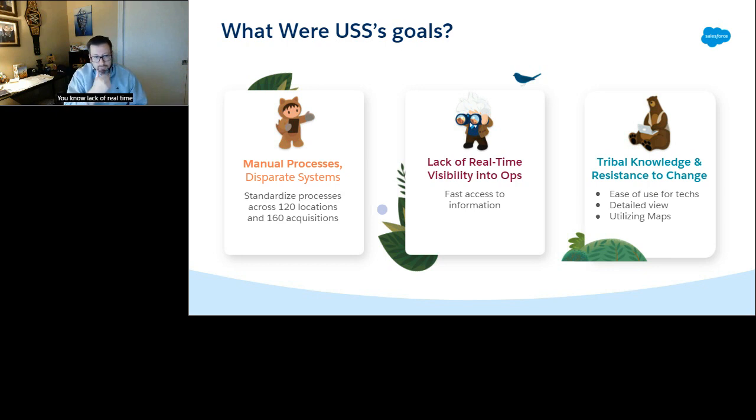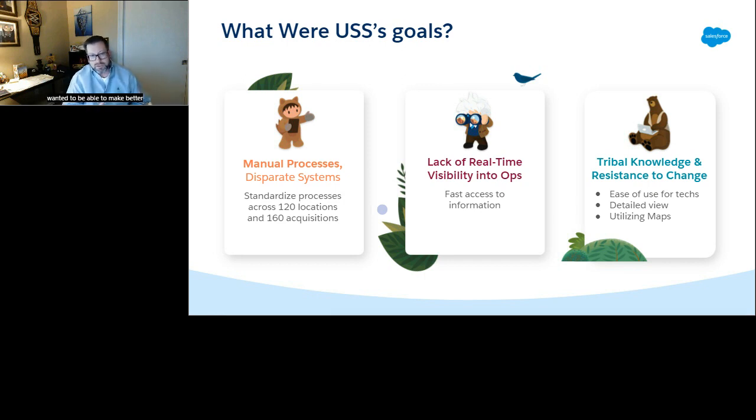The lack of real-time visibility into ops. That was another one. We had to make sure that visibility was one of the biggest things we had. We wanted to know where the tech was at, and when the tech was servicing units. If a job site was usually supposed to take 10 to 12 minutes and it took him 30 minutes, we wanted some sort of alert or indicator to know that that was what was going on, right?